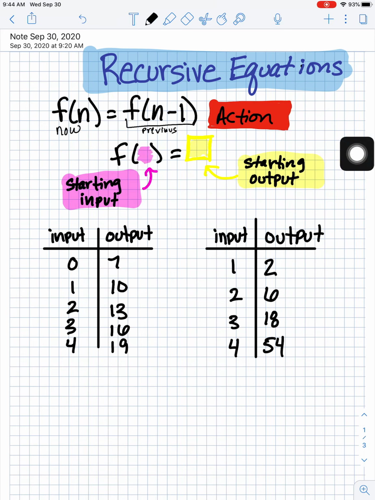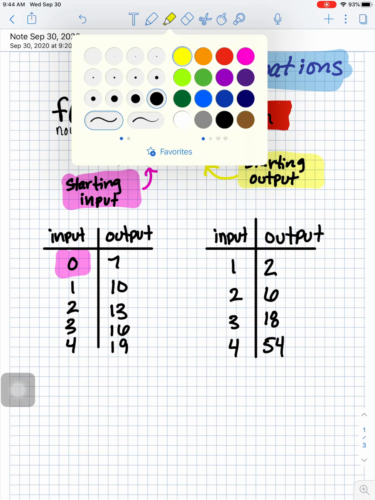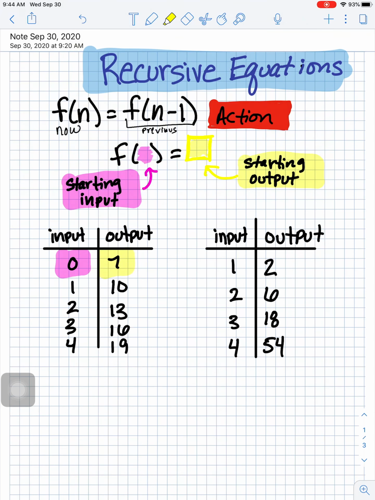I have two examples below, and I'm going to use color to help you find those values. The first thing I notice in this table is that the starting input is 0 and the starting output is 7.